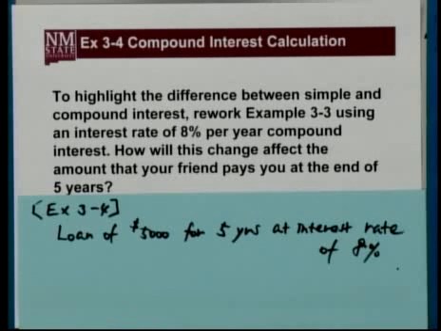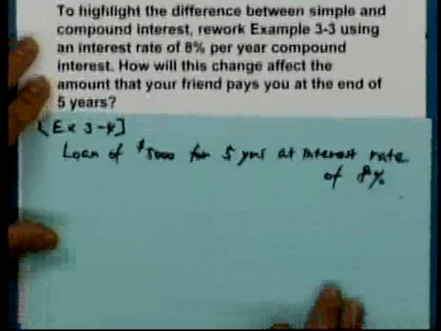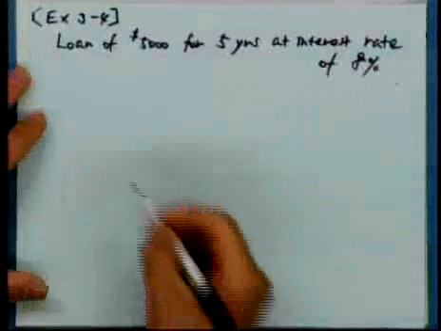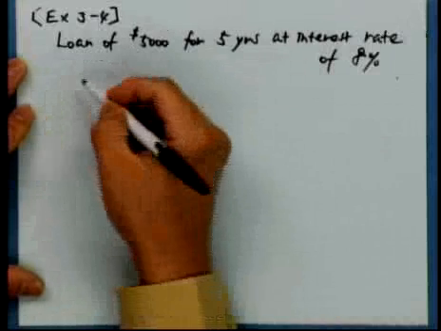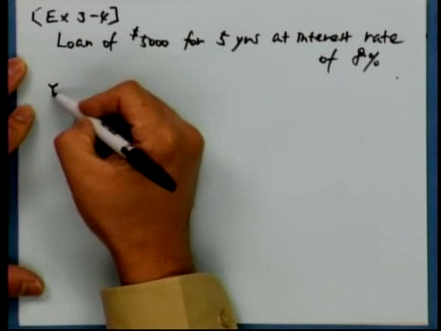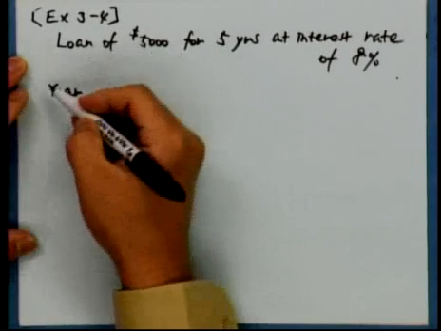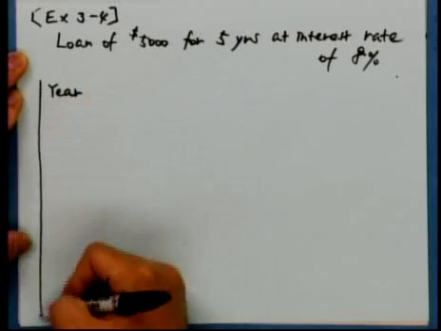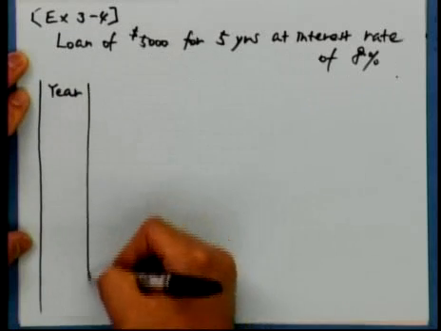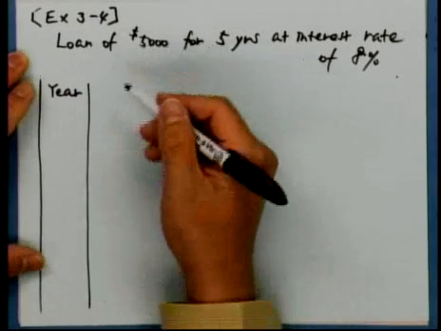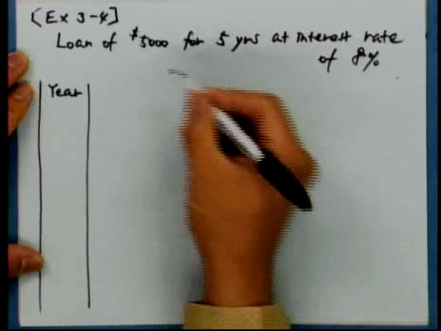So we can make a table of cash flow and do the year-to-year based calculation. The first column is the year, end of year. The second column is the balance at the beginning of year.